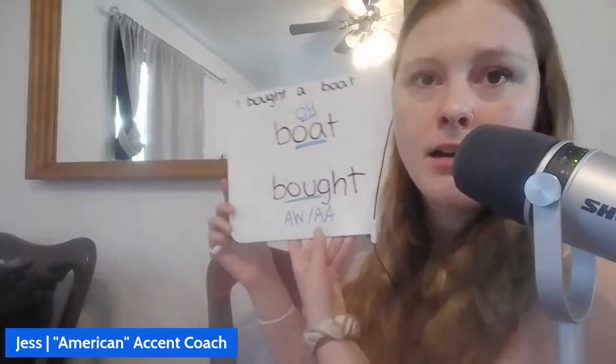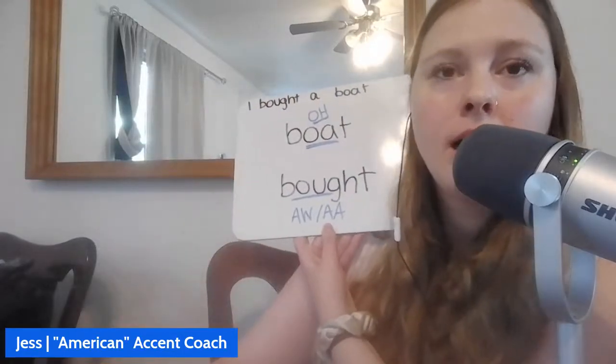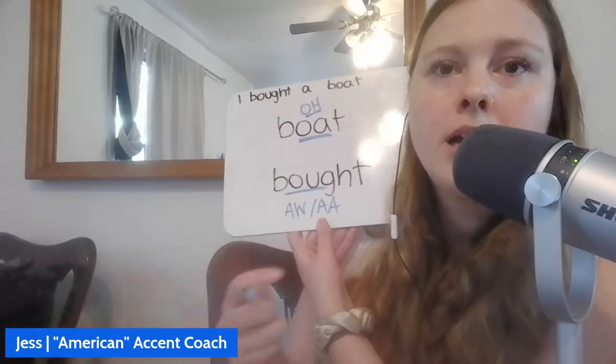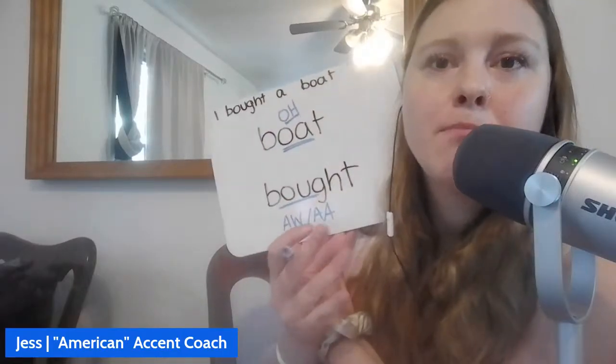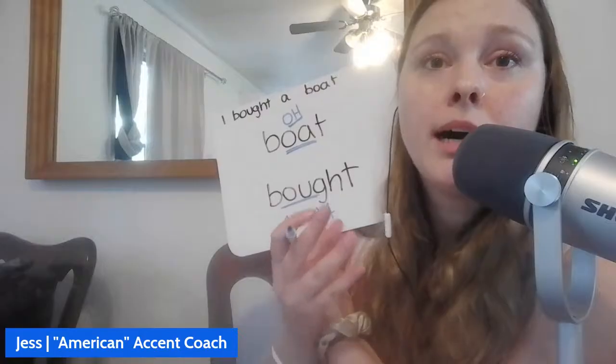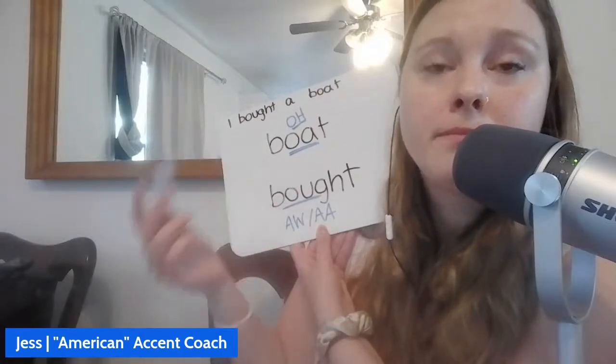Now I'm going to do some connected speech with "I bought a boat." I want you guys to see what this looks like. Okay. I bought a boat. You might not always let the T be pronounced. Like I could say boat, and I could say bought.